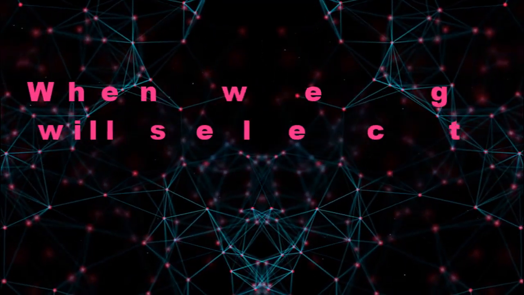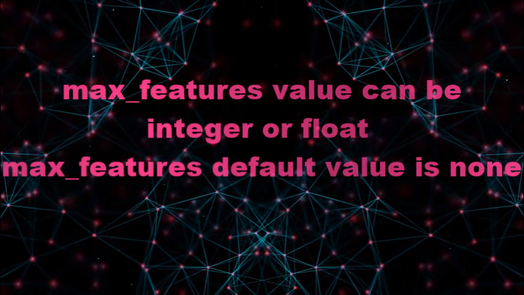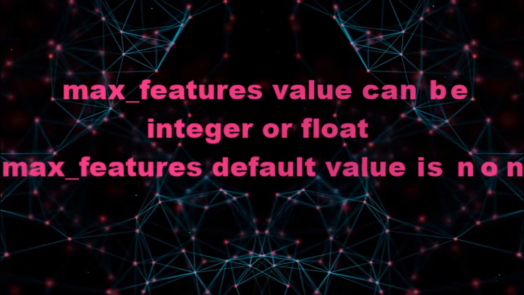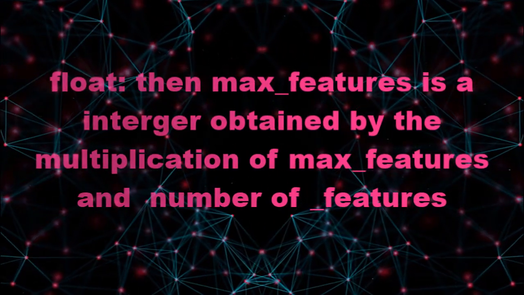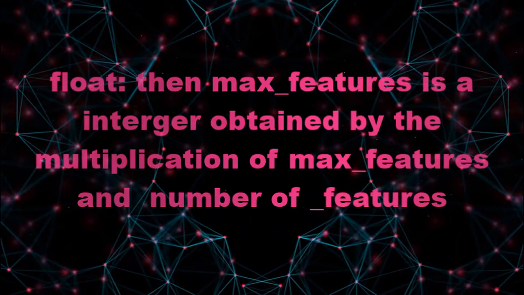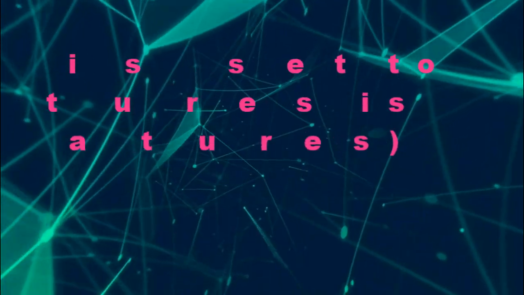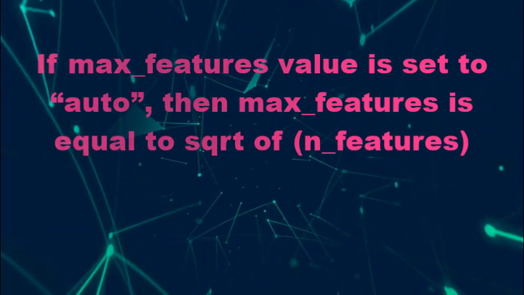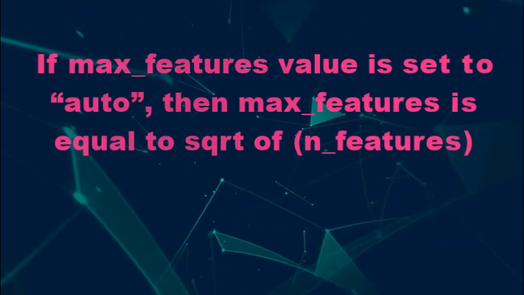Max features value can be integer or float. Max features default value is none. If max features value is float, then max features is an integer obtained by the multiplication of max features and number of features. If max features value is set to auto, then max features is equal to the square root of the number of features.